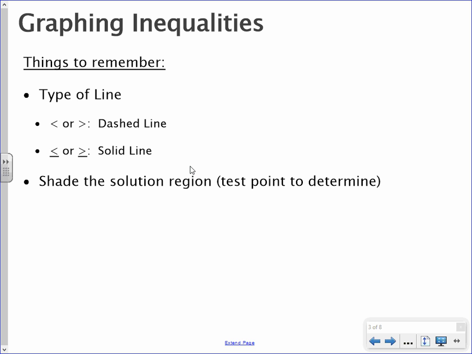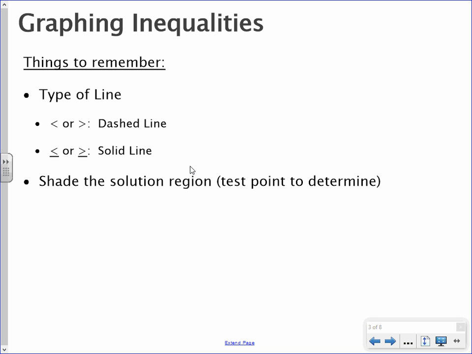I tricked you. Okay? Here are the things that we need to remember. Strict inequalities, we have dashed lines. Inequalities with that equal sign with it, we have a solid line.